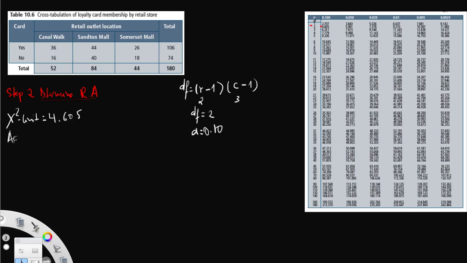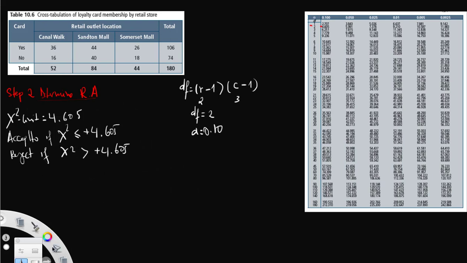Then I will accept the null if the chi-square stat is less than this value, and I'm going to reject if chi-square is actually above this value. So we accept if it falls below or at this limit, and we reject if it falls above.